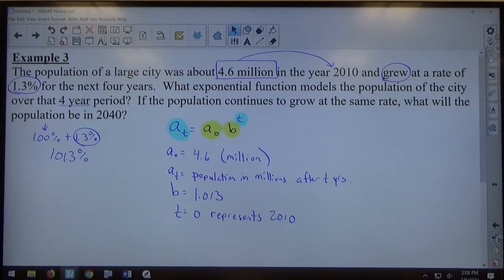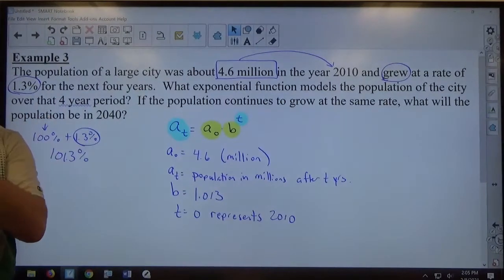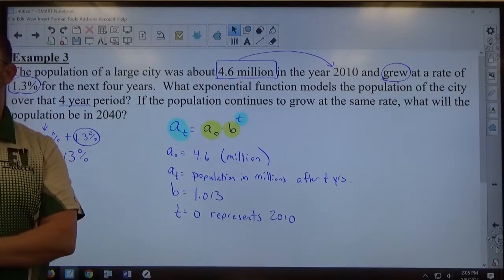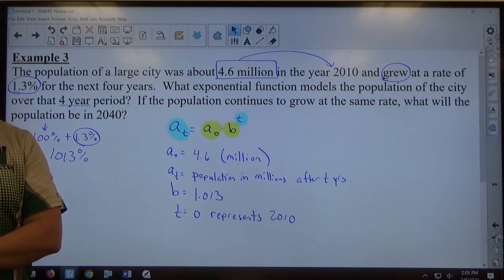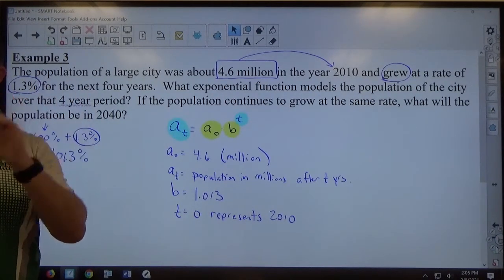So I'm going to let the very beginning year be year 0, and any number beyond that, like, if I want to know the year 2017, how many years is that past 2010? 7. So t would equal 7. If t is equal to 5, what year would that be? 5 years past 2010 is 2015. So I want t to represent how many years beyond 2010, instead of, when they say year 2015, I don't want to have to put 2015 in my formula. I want to keep my numbers small and easy to work with.